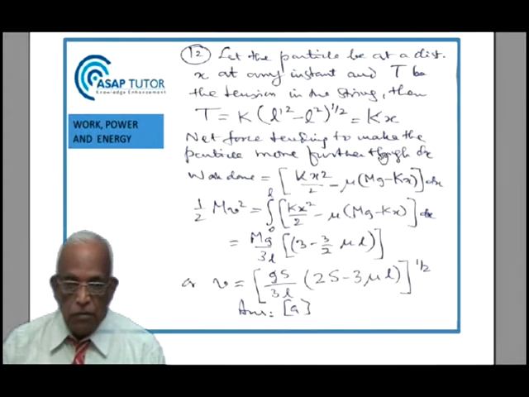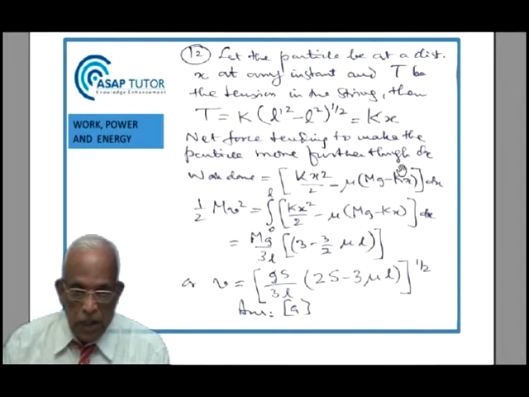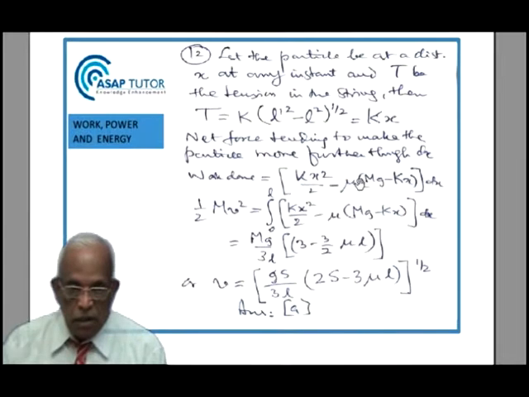The net force tending to make the particle move further through dx gives the work done: kx square by 2 minus (mu mg minus kx) dx. Half mv square must be equal to the integral of (kx square minus 2 kx square by 2, minus mu mg minus kx) dx. This is the one.